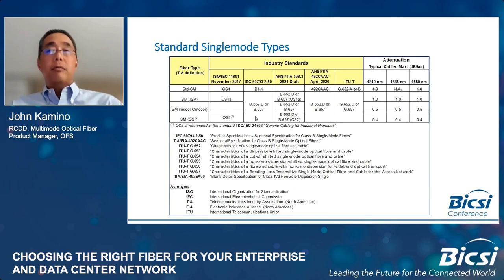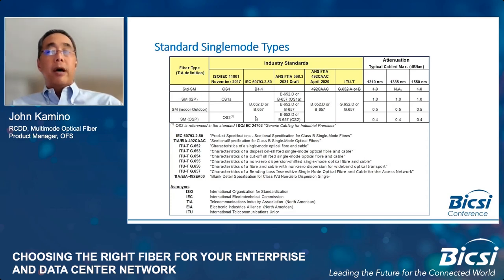Moving now to single mode standards, we see the same ISO IEC and TIA cable standards, IEC 11801 and TIA 568.3, but there are different fiber standards that define the fibers themselves.